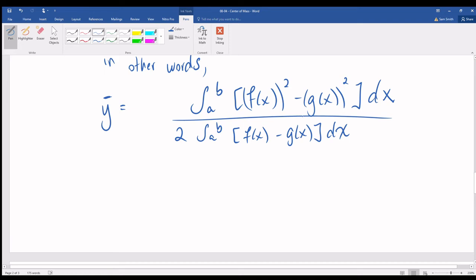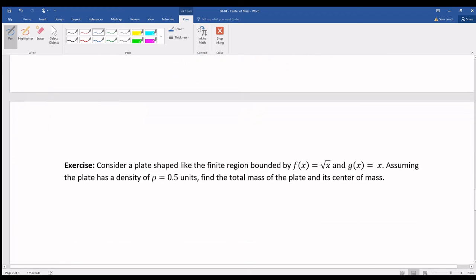Not x times f of x, not x times g of x, but f of x times f of x, giving you f of x squared. G of x times g of x, giving you g of x squared. So x bar has an extra input, y bar has an extra output in the numerator. That is a mnemonic that sometimes I will use to help me.